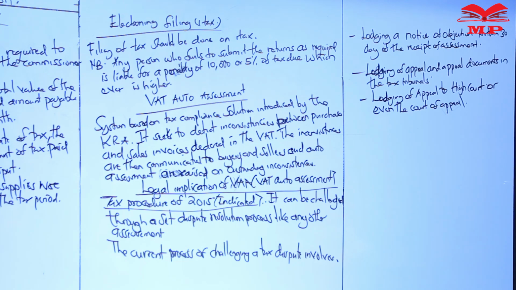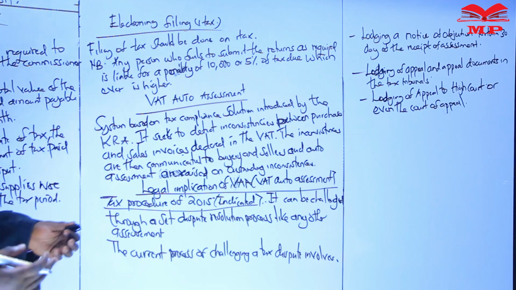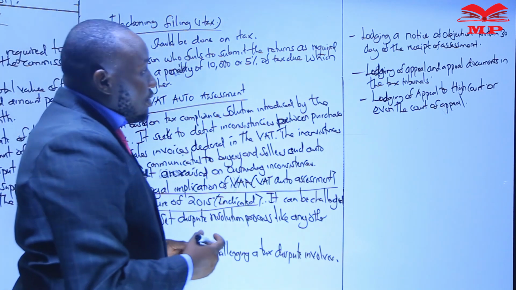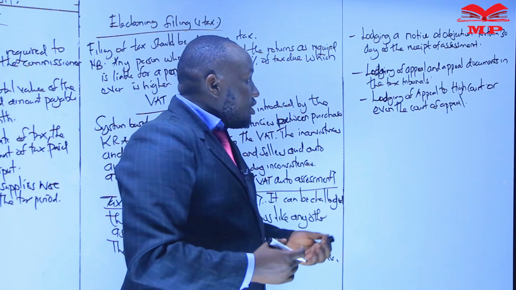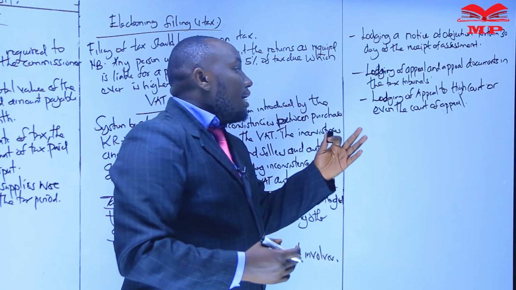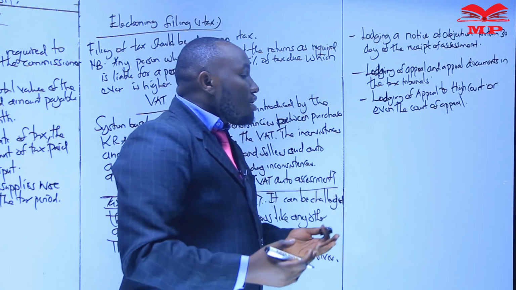The first level is the commissioner's level. If the commissioner is not able to hear you, you can move to the tax tribunal. If the tax tribunal is not fair with you, you can appeal to the High Court or even the Court of Appeal.